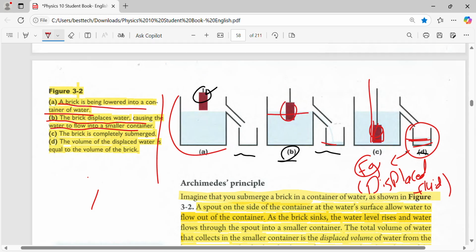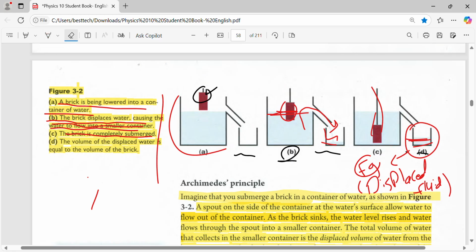A bit of this brick goes under the water, not all, a bit. At the end, a little of the water comes out into this small container. Part C: the brick is completely submerged. It means the brick goes completely under the water. So of course, more water comes out.